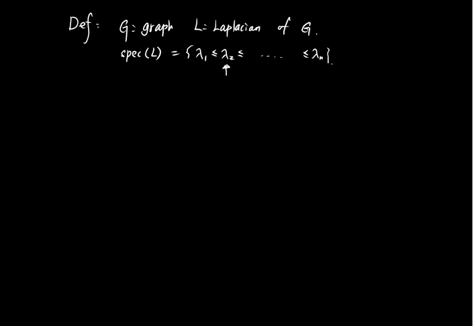Okay, so the definition says that lambda 2 is the algebraic connectivity of G. Okay, so this is a new term.